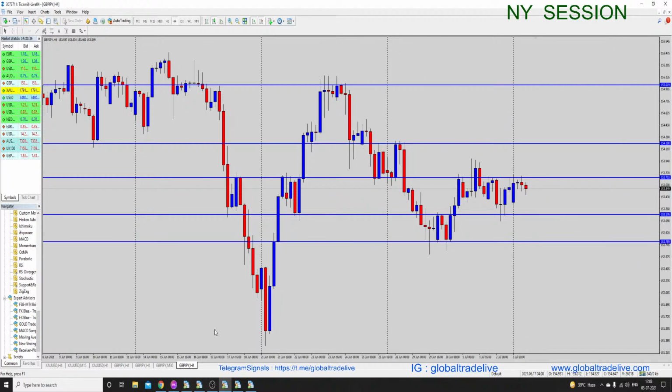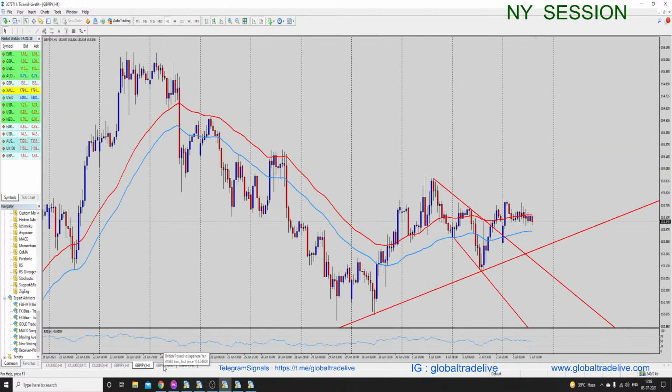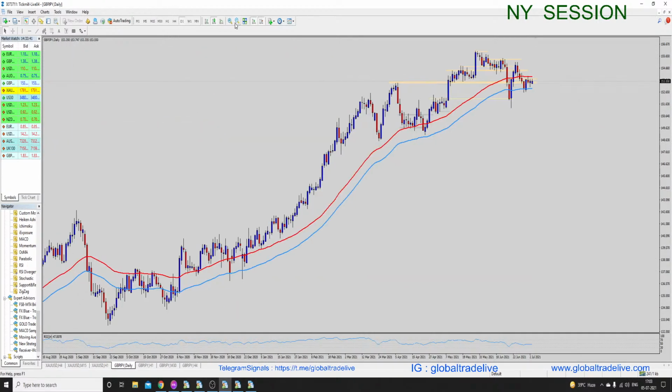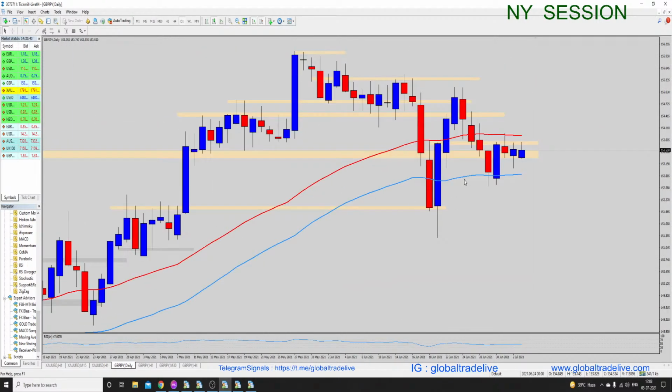Let's see daily and weekly here. Daily is, Friday candle was bullish and Thursday candle was bearish. It's rejecting this area, but this can be a possible rejection also, because it's moving in the downward channel for now.